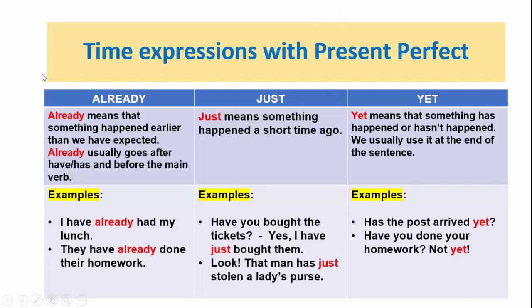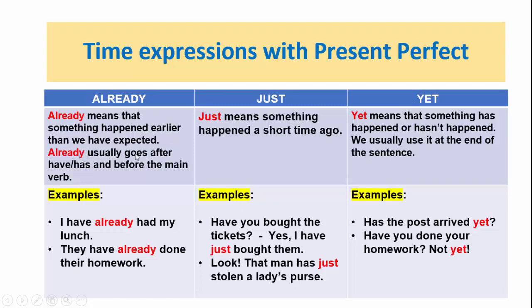Now let's focus on the time expressions with present perfect. The most common time expressions with the present perfect tense are already, just, and yet. Already means that something happened earlier than we have expected.